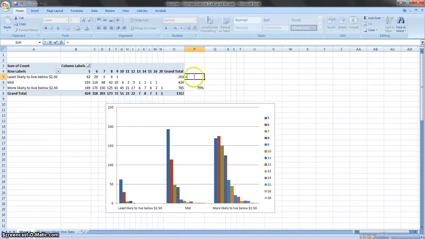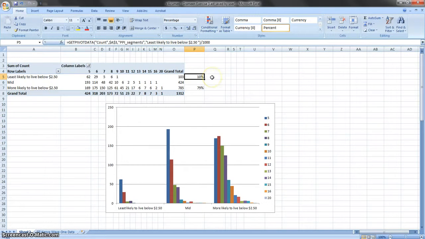In comparison, you can also check on the other end, the least likely. So you could also do the same thing, and only 10% of households are in that situation.